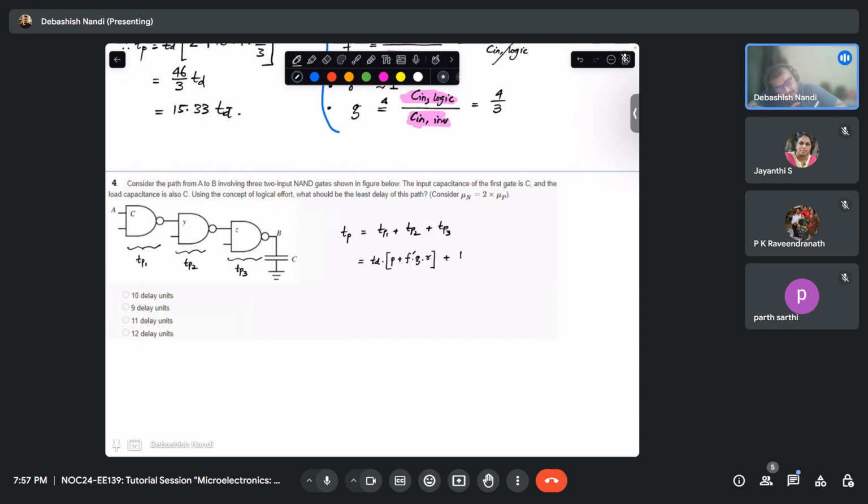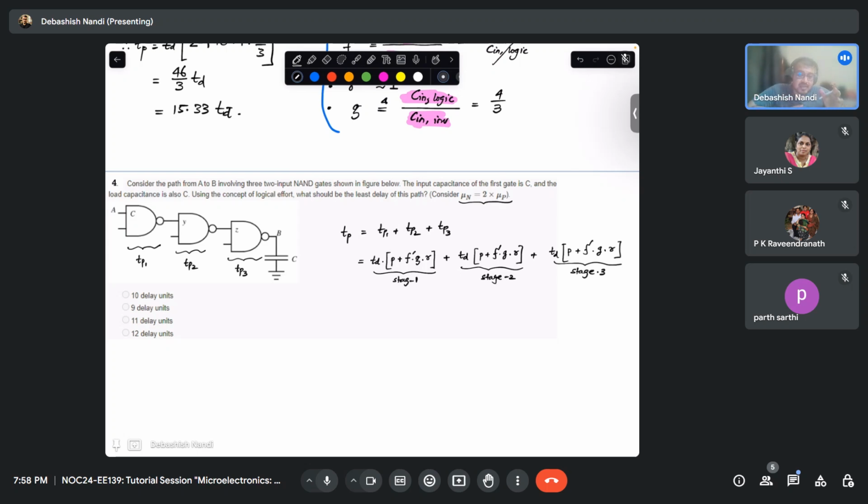Similarly, let's say this is stage 1, this is stage 2, and this is stage 3. You are given that mu n is equal to twice mu p. That much you know.